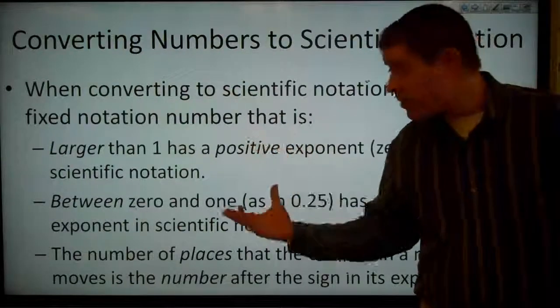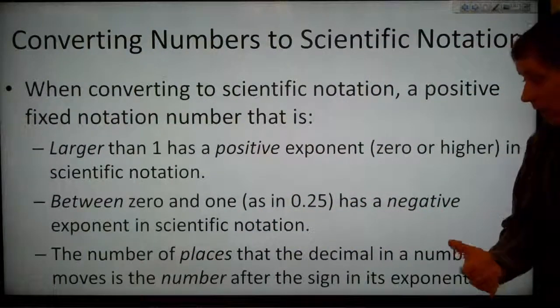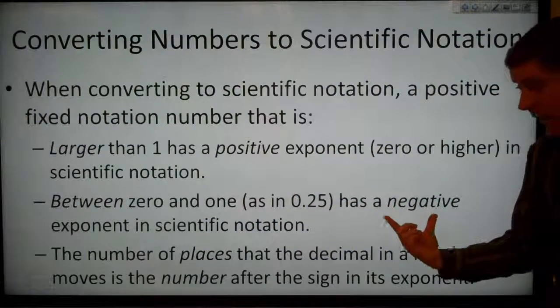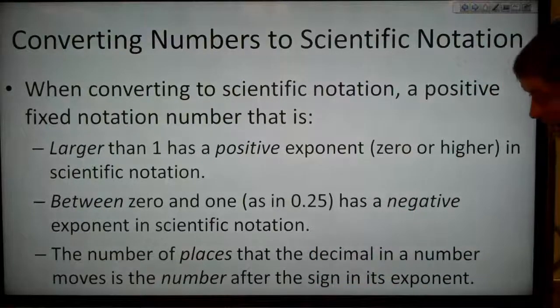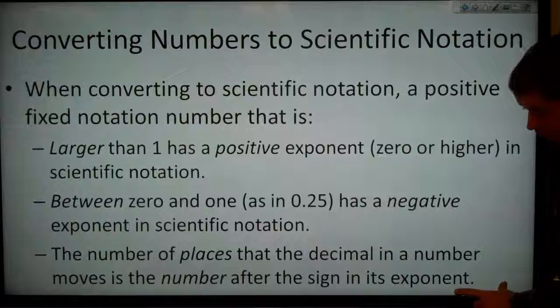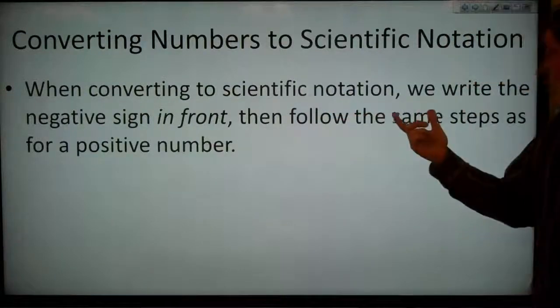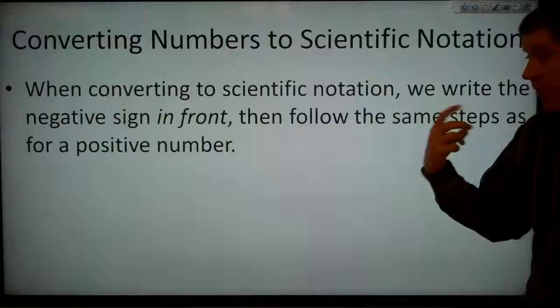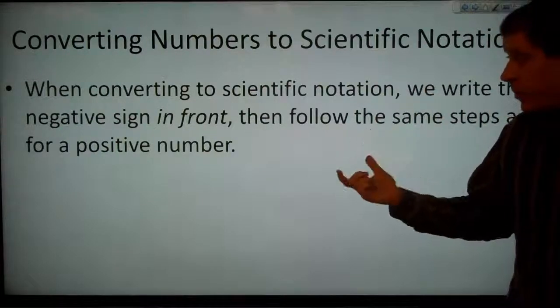If our fixed notation number is between 0 and 1, like 0.25, then it has a negative exponent in scientific notation. And the number of places that the decimal in a number moves is the number after the sign in its exponent. When we're converting a negative number to scientific notation, we want to write the negative sign in front and then follow the same steps as for a positive number.